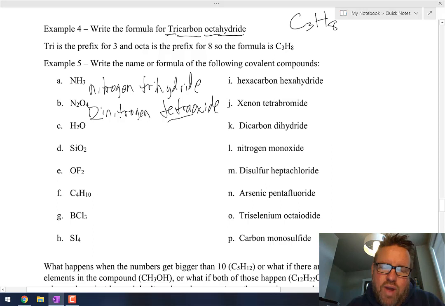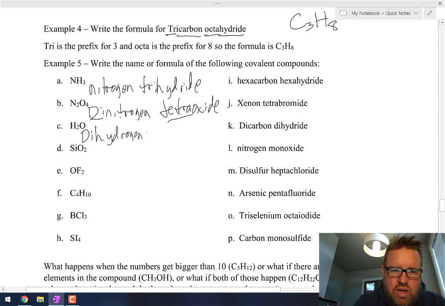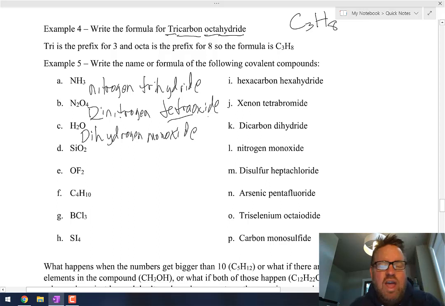Here's water, right? H2O. Okay, and we again use that same logic. It'd be dihydrogen monoxide. Okay, and if you want some fun, go into Google and type in dangers of dihydrogen monoxide.